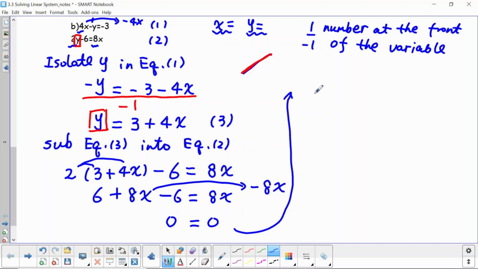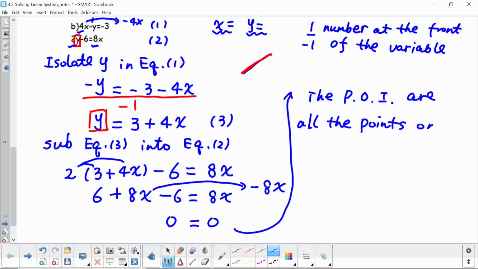So we are going to say the points of intersection are all the points on the line.